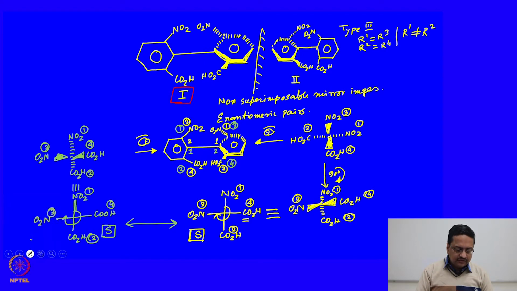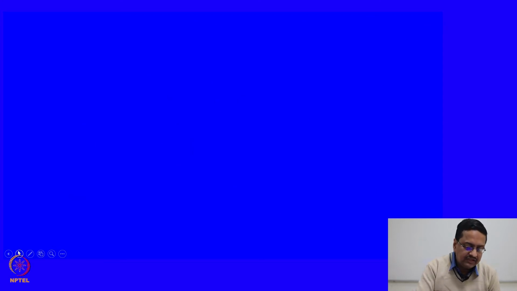In this current lecture, we will see how we identify in the same way for molecule 2, which is the enantiomeric pair of 1. If we draw this second molecule in the next slide and do the same as we did in the previous class, we will see how we can identify the absolute configuration of this molecule.